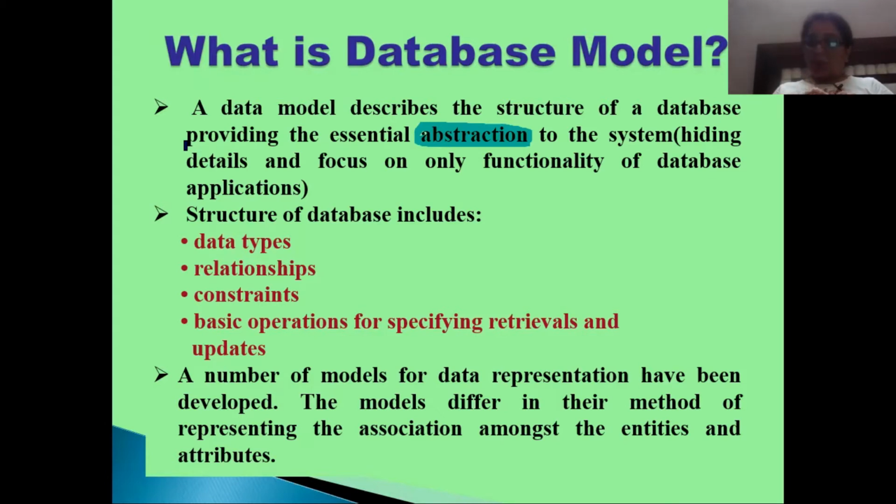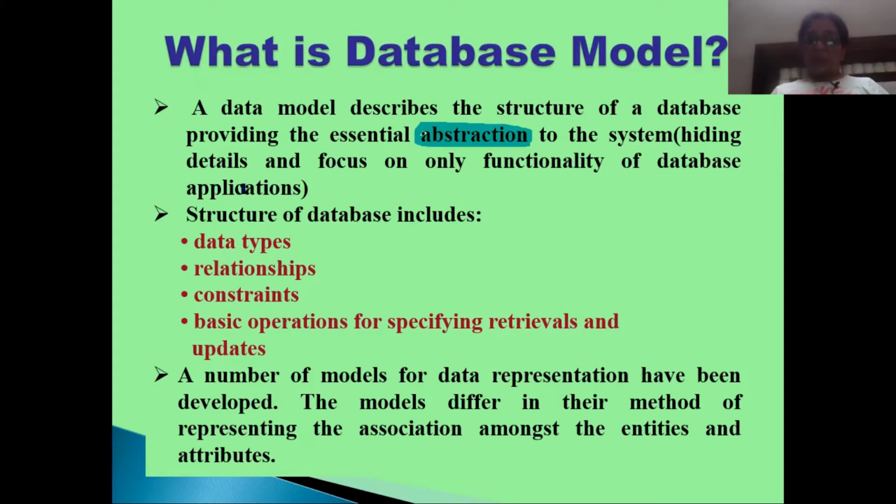So a data model aims to describe the entire structure of a database कि कैसे उसमें data store होगा, कैसे multiple entities store होंगी और entities के properties जिसे हम attributes कहते हैं और उसके relationships को भी. But major aspect of any data model is to focus on the main functionality, hiding the unnecessary details from the user to not make the user confused.